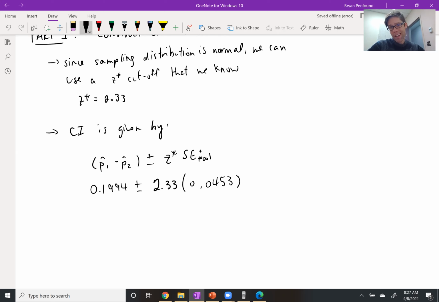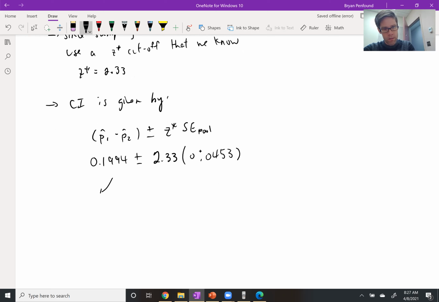Okay, so now we can calculate our lower bound and our upper bound and essentially try to see if we think there is a difference based on these bounds. So that would be our lower bound. Our upper bound is going to be given, of course, by the addition.